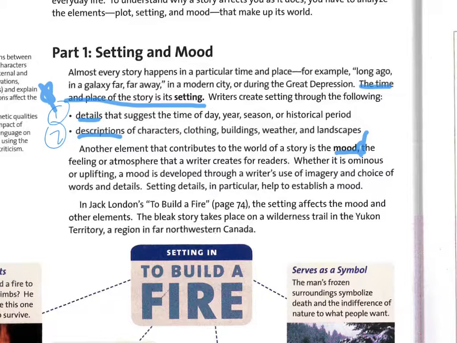So what is mood? Mood is the feeling or atmosphere, like the way the story feels, the environment, the atmosphere. The feeling or atmosphere. When you think about feeling words, happy, sad, mad.